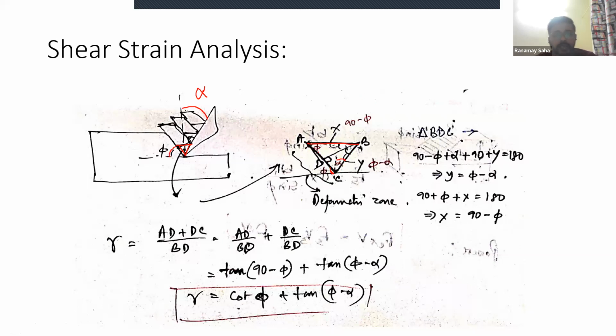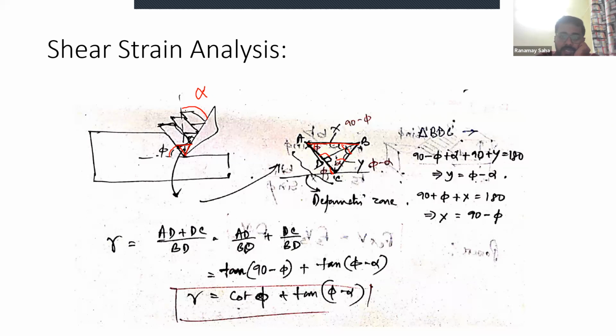If this is phi, then by alternate angle theory, this should also be phi, right? And then this angle is 90 degrees because a perpendicular has been dropped from B to D. Okay. And then the unknown angles are angle ABD and angle CBD.